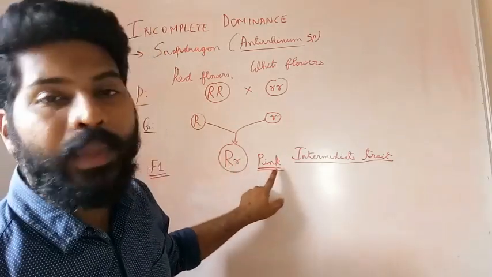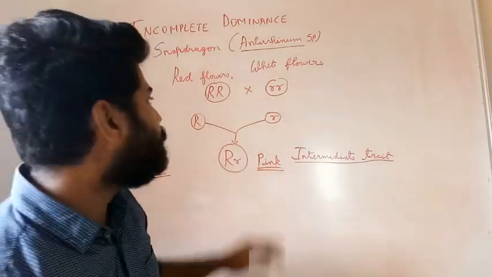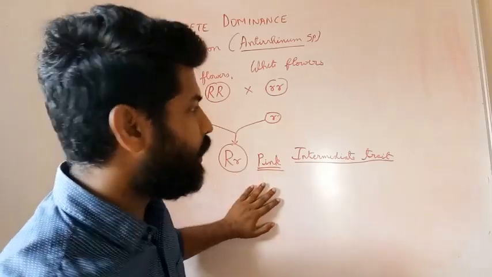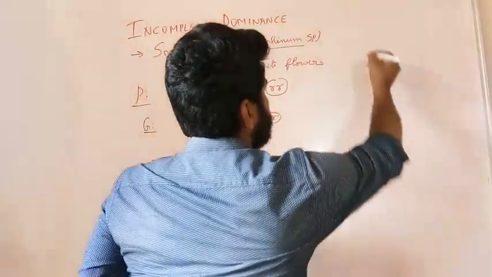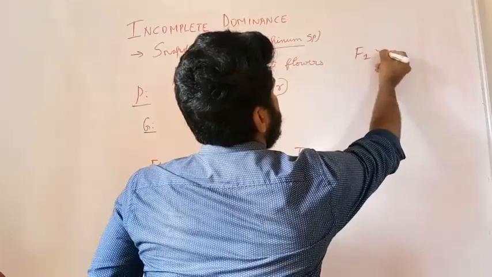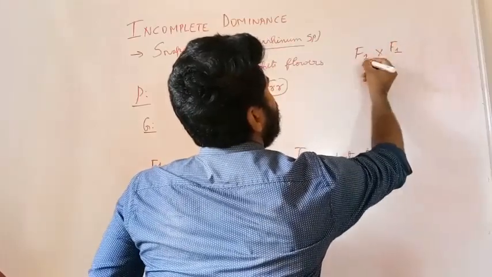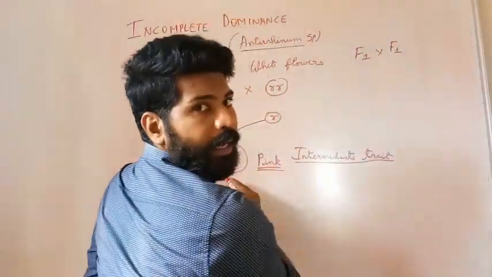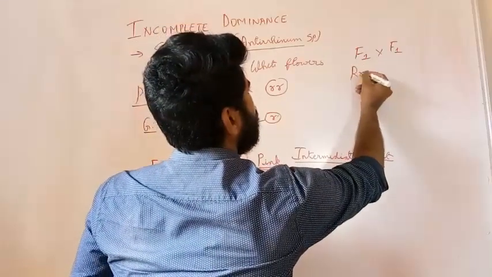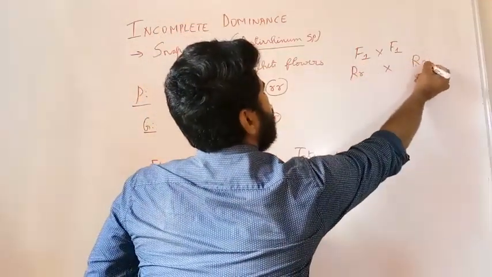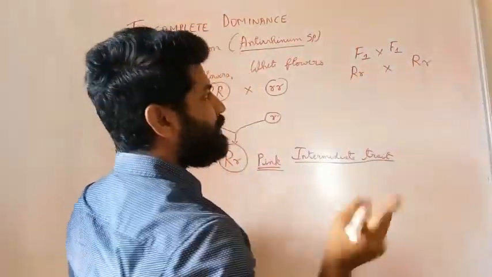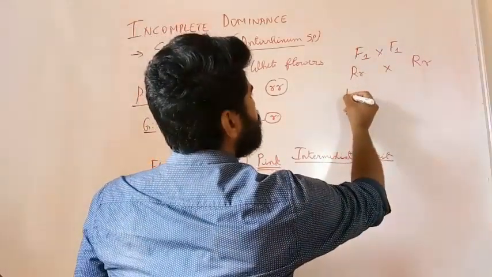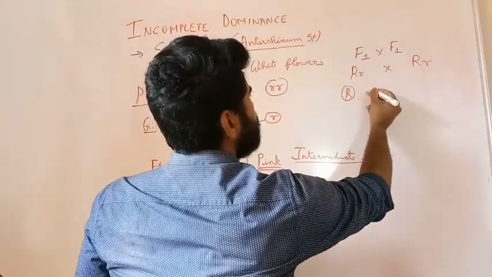Therefore, we see the pink color. And when F1 into F1 was done, when these plants were crossed, that is capital R small r into capital R small r, when selfing was done, they produced the gametes.